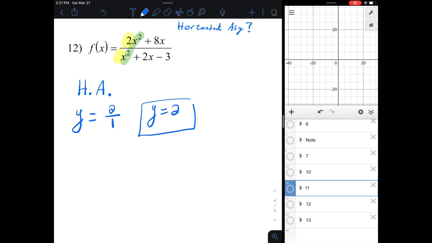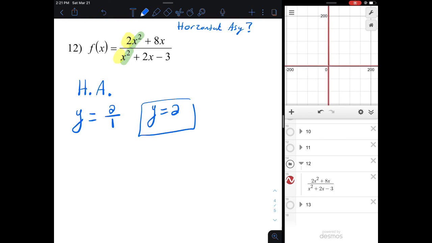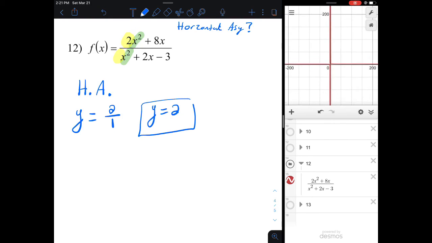Well, let's confirm that graphically. So here, we're going to graph that expression, 2x squared plus 8x divided by x squared plus 2x minus 3. And I want to see what the ends of the graph are doing. Now, I don't care about the middle. This is an end behavior asymptote. And so I'm going to zoom way out, and I'm going to get on the curve, and I'm going to trace.